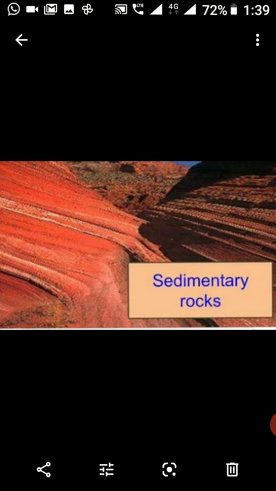Erosion takes place from the pre-existing rocks, the eroded material gets transported, and this transported material will settle down in the basin. There, the rocks are formed by welding or cementation.